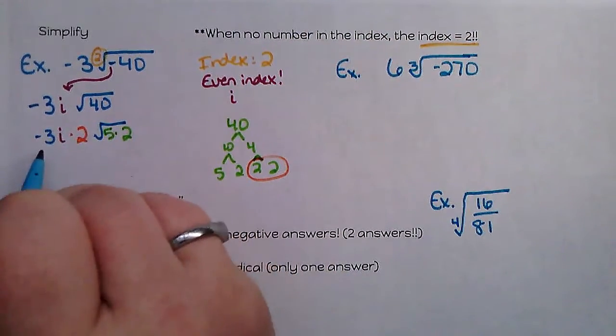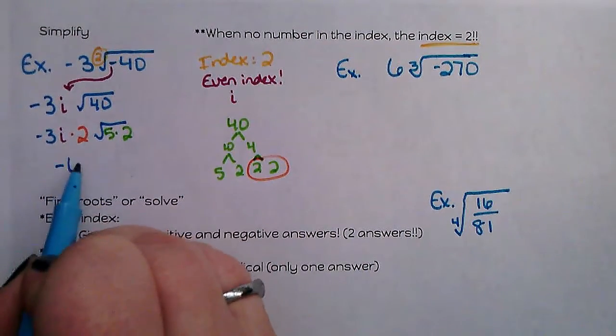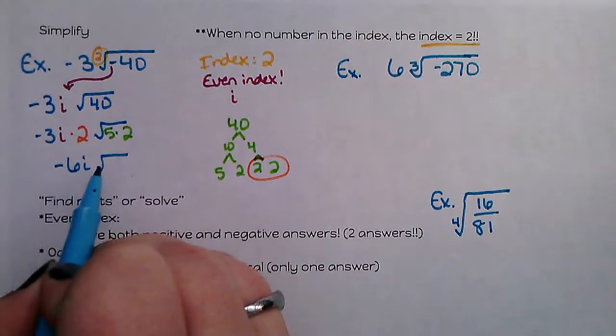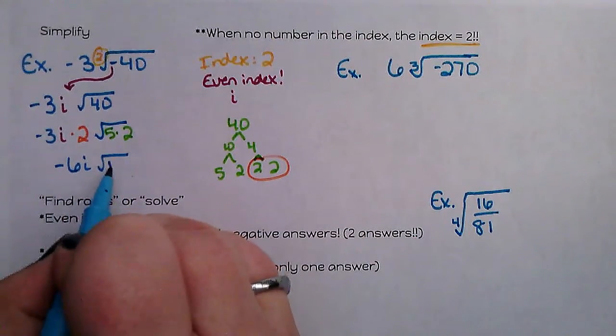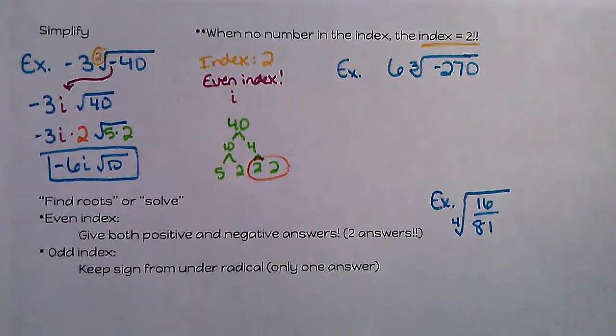So I multiply all those together. The 3 and the 2 are both outside, so we multiply them together. That gives me -6i. The i goes right in front of the radical, and 5 times 2 is 10. That one's finished. Okay, next one.